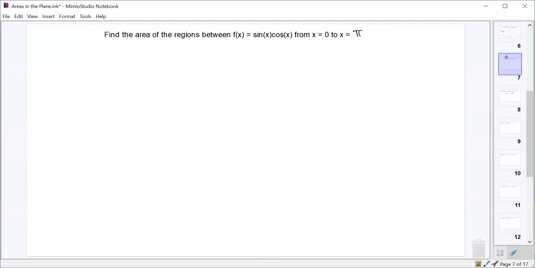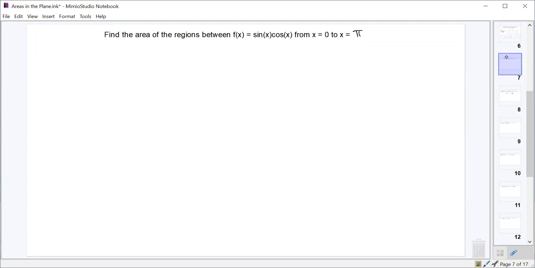All right, what about this one? Let's find the area of the regions between f of x equals sine x cosine x from x equals 0 to x equals pi. What should we do first? Figure out if there are any x-intercepts.